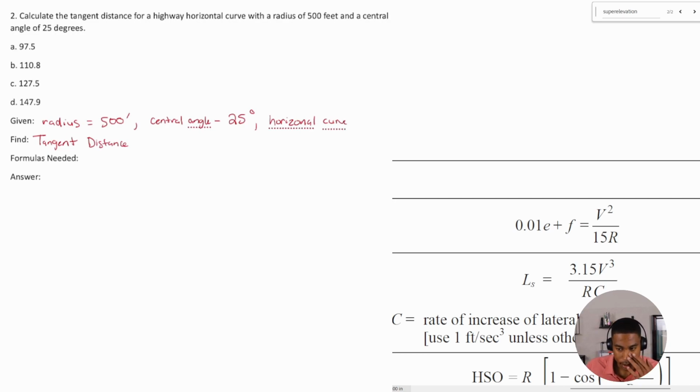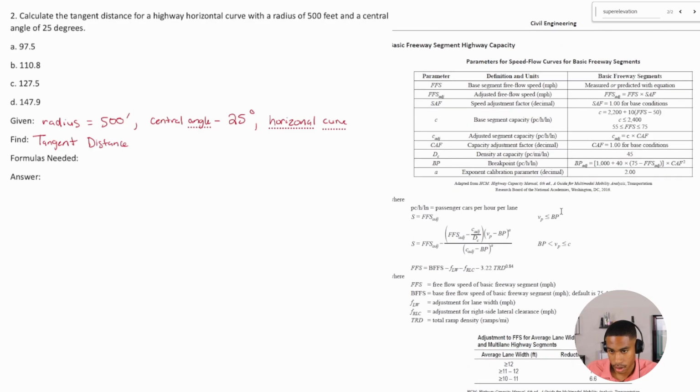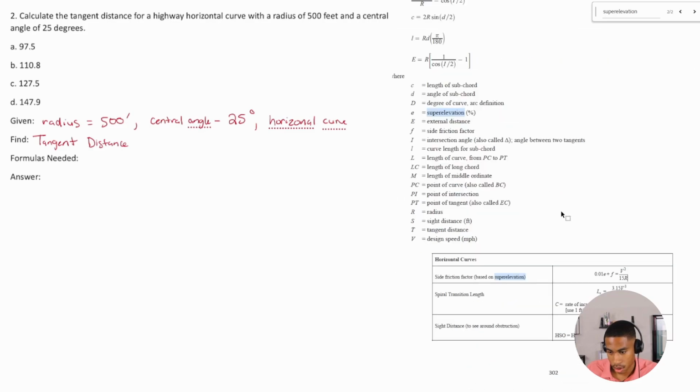So are there any formulas that we need for this? Well, I'm going to look in the horizontal curve section. And I'm going to look specifically for tangent distance.